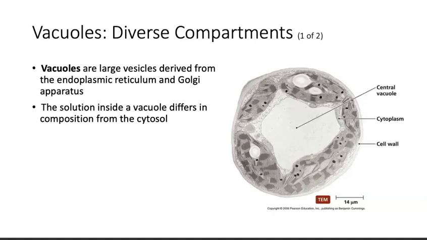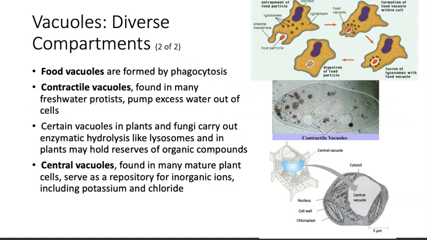Whatever is packaged inside that vacuole is what the vacuole does. So vacuoles can have different roles depending on the stuff that's inside of them. And remember that each of these membrane-bound organelles has its own membrane, which controls what goes in and out.